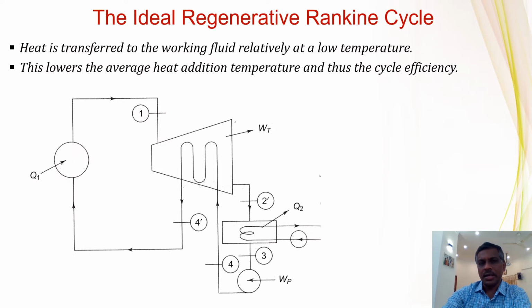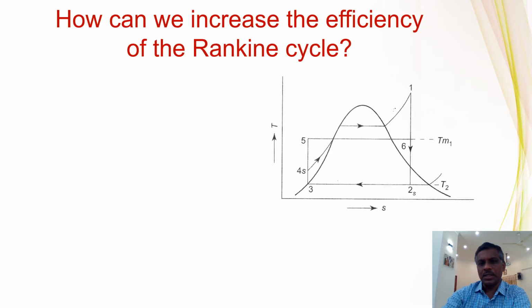So in the ideal regenerative cycle, you know that the efficiency will go down if the mean temperature of heat addition is very low. If the mean temperature of heat addition is very low, the efficiency is likely to be very low.